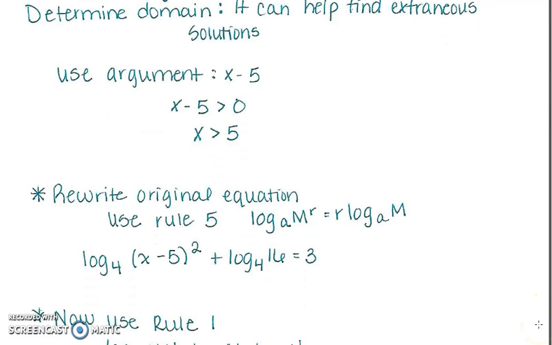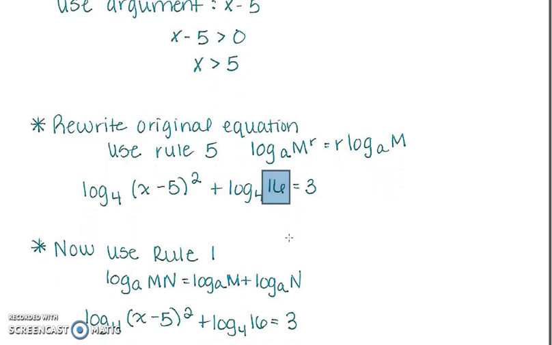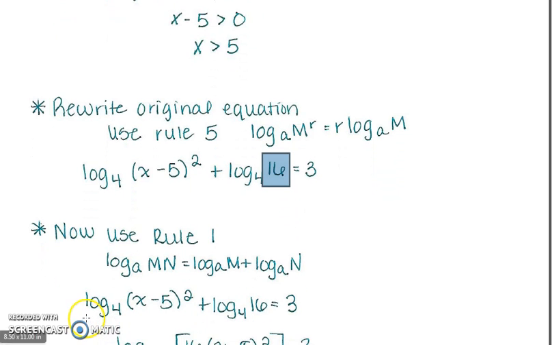Now we're going to use rule number 1. Rule number 1 says that if you have the same base, and we have base 4 here and base 4 here, then we can multiply m times n. In other words, we can multiply this argument by this number. So I just rewrote the equation right here.